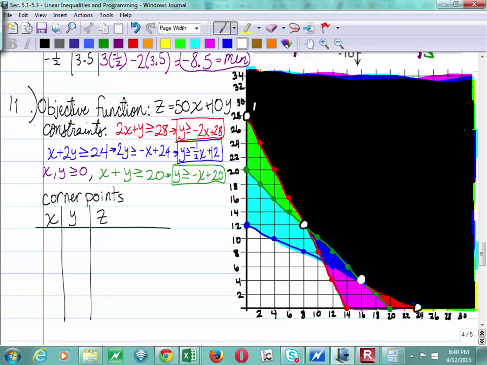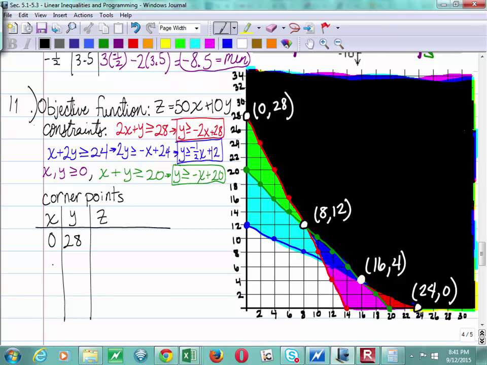We've got (0, 28), we've got (8, 12), we've got (16, 4), and we've got (24, 0). So I'll just fill these in on my table.